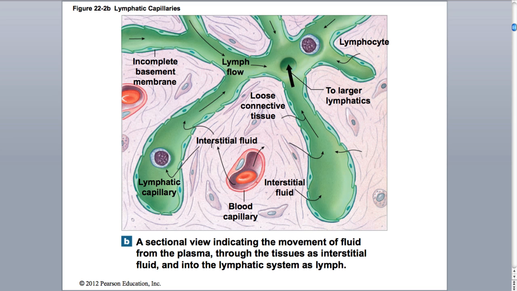Next slide. This slide shows you the flow and what happens. So we have lymph flow shown here coming from the interstitial fluid. We have our little lymphocyte there. We have our blood circulation nearby. Interstitial fluid again dumping into the lymph, going to larger lymphatics.